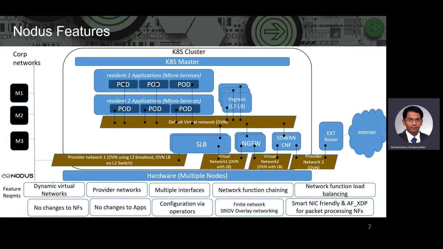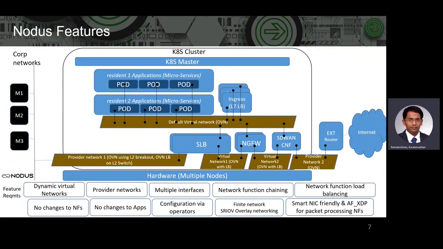There should not be any specific change of requirements for both VNF and CNF based applications, and no change in terms of application configuration as well. There should be no changes in terms of network function and also for the configuration part. And we are able to achieve all these things through the Kubernetes operator framework.